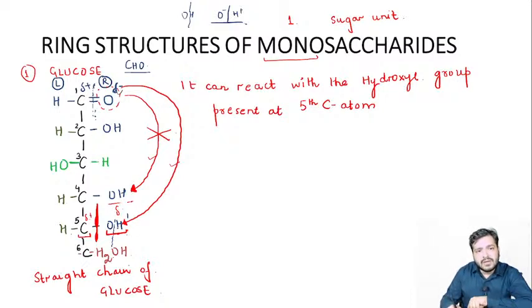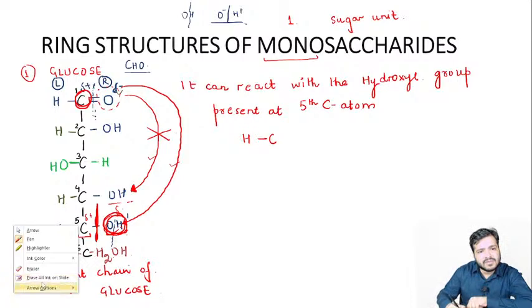Now what will happen? The whole OH group over here will transfer to this particular carbon. So I will try to draw the structure. I'll just draw with the same colors.